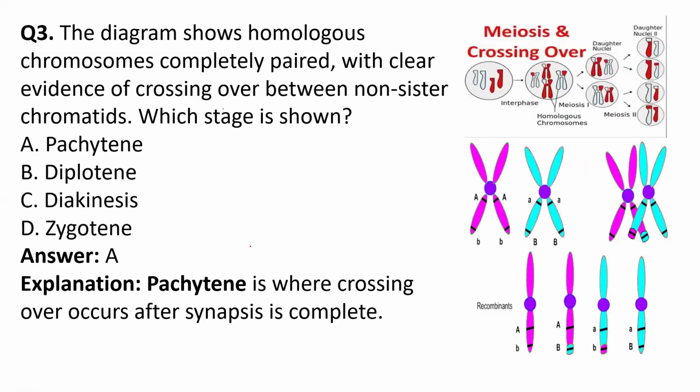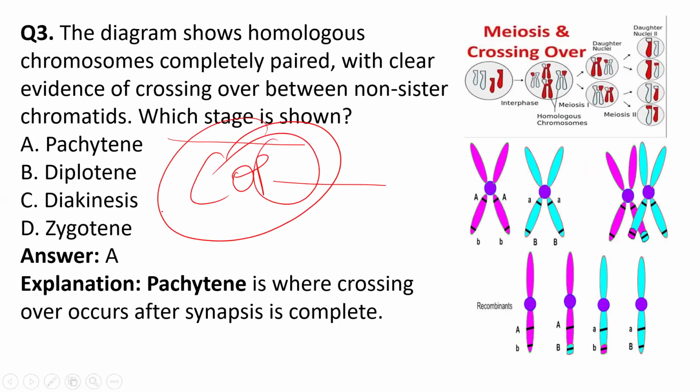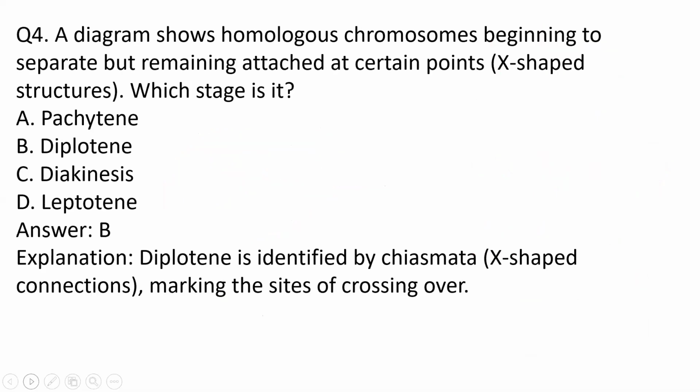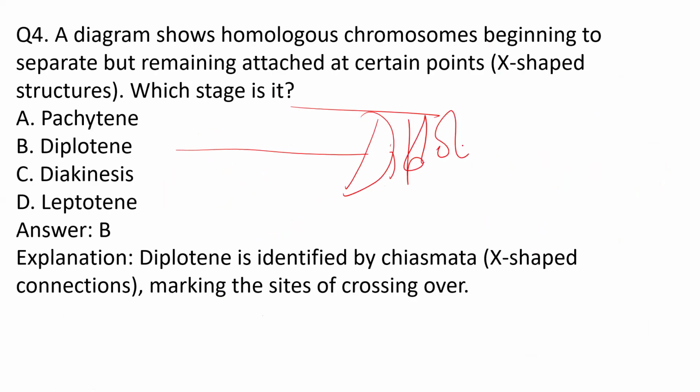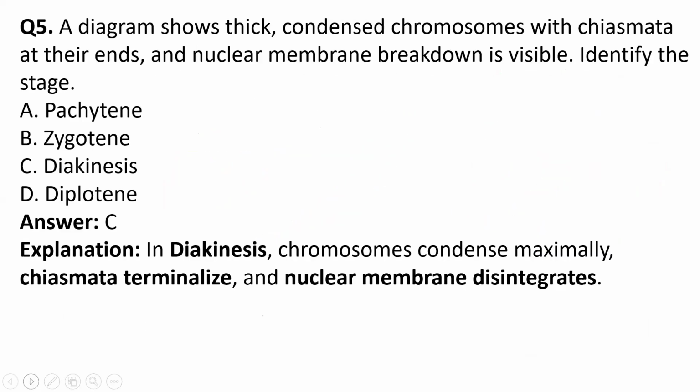Synapsis occurs with the help of the synaptonemal complex. A diagram showing homologous chromosomes completely paired with clear evidence of crossing over between non-sister chromatids is pachytene, where genetic exchange of material takes place. A diagram of homologous chromosomes beginning to separate but remaining attached is diplotene, attached at the X-shaped regions, the chiasmata.